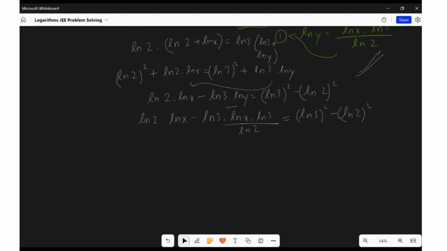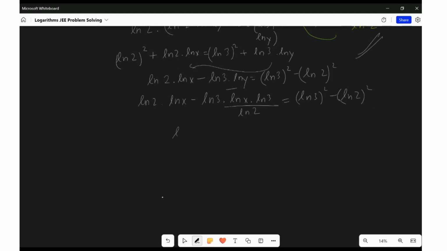Now let's write this as (ln 2)² into ln x minus (ln 3)² into ln x. Yeah, we can write this. Okay, so we just multiplied by ln 3 here, and by ln 2 here, (ln 2)² into ln x, whole divided by ln 2, which is equal to (ln 3)² minus (ln 2)².